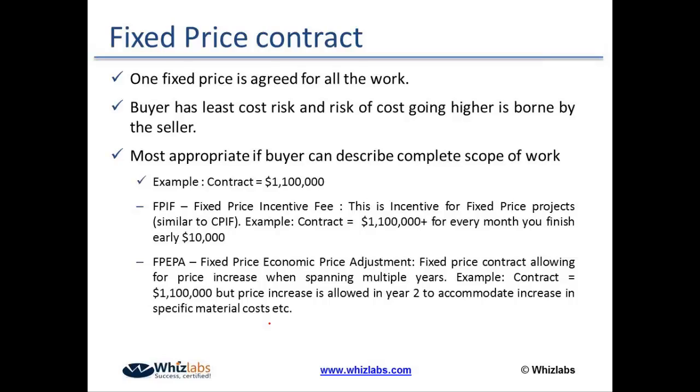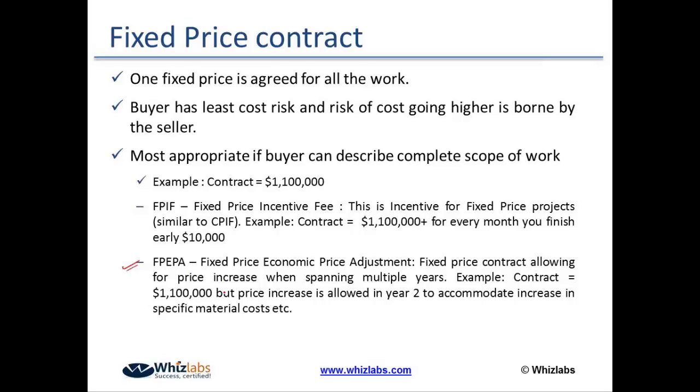Or you can go for a fixed price incentive fee contract wherein you give some motivation to the seller to beat a particular quality parameter or something like that. Let's say if you complete the work early, you would get 10% additional. And you have a third type called fixed price economic price adjustment, wherein your project would run for multiple years.